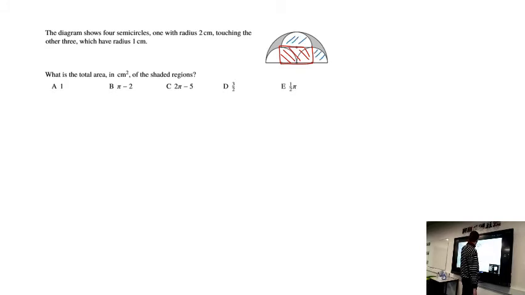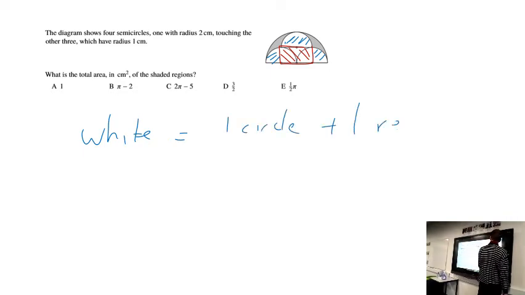So we have 1/4 here, 1/4 here, and 1/4 here. So this white part, let's do white, is equal to one circle plus 1 rectangle.